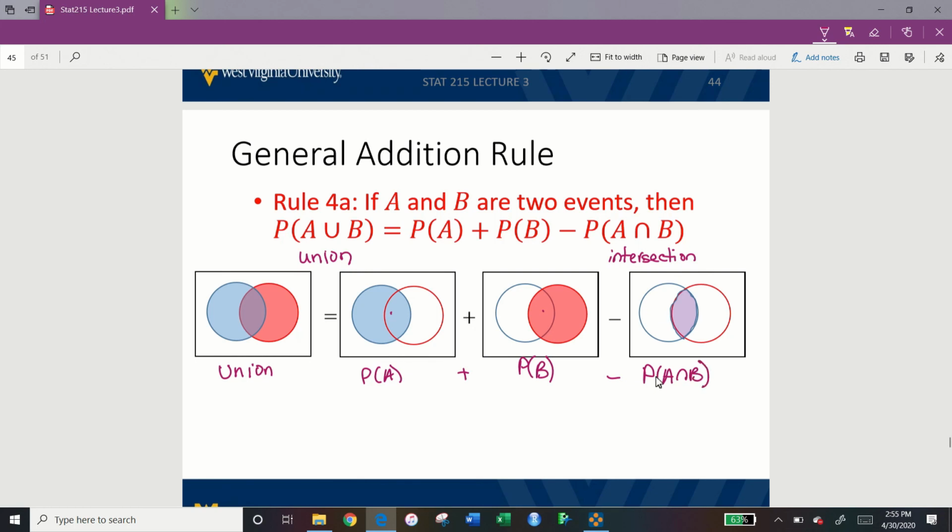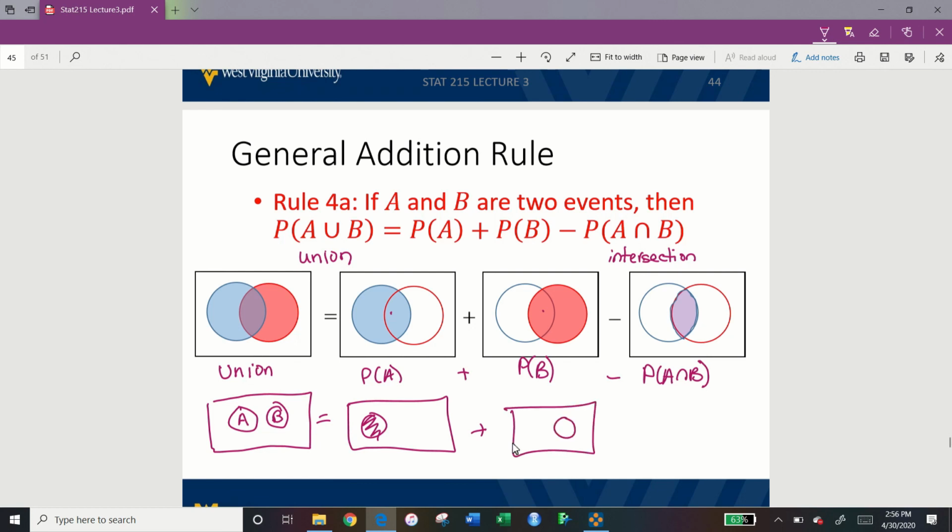And the reason we call this 4A is because if there's no overlap in the probability of A and B, then it's sufficient to just add them. Because if we're trying to find our probability of the union of A and B, and this is our A and B, then it will be sufficient to add our two events without our intersection because there is no intersection.